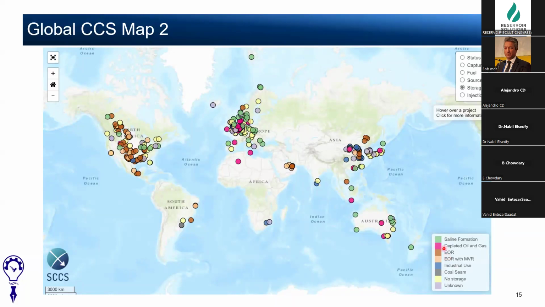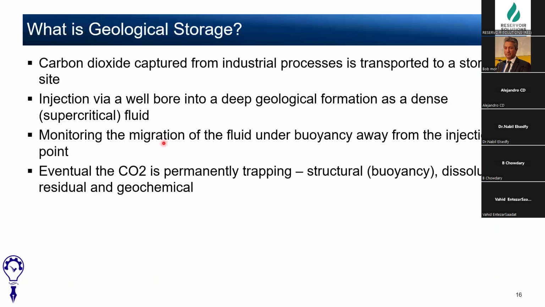So as you can see, in Australia, in Southeast Asia, in the Middle East, in Europe, and also North America, we have lots of projects in operation or planned for different types of geological storage. So let's see what the geological storage types are.